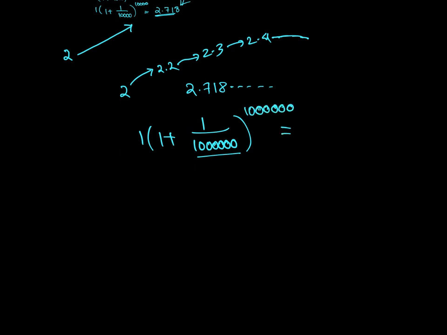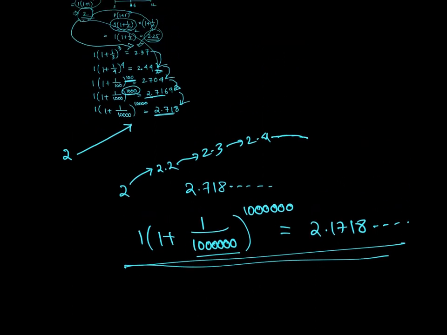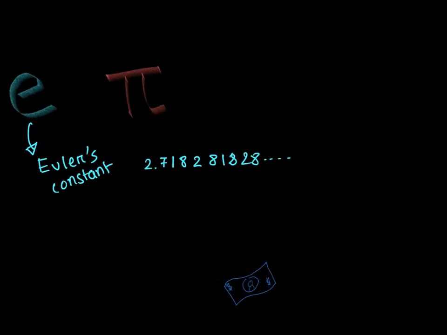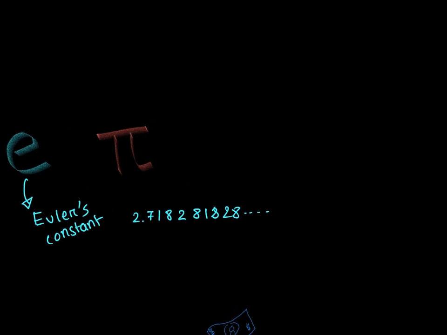If you calculate this, this would also give you something like 2.718 and something, right? And you would realize that if you make this value larger and larger, at the end of the day you are going towards this value that we had just discovered, that we had just been introduced to at the first, Euler's constant.